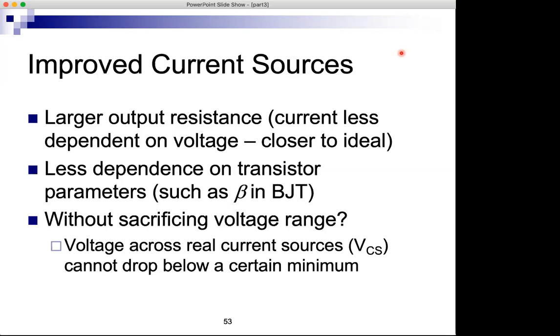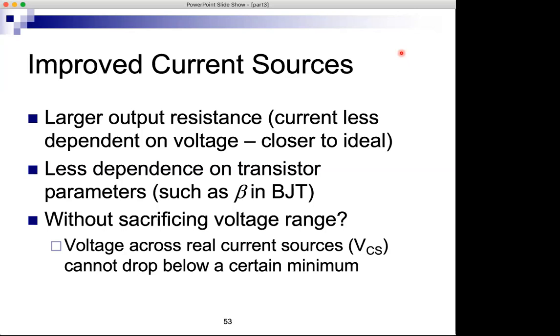In the case of BJT, also we had an equation for the current which depended on beta, and we did not like that. The reason we did not like that is, if the transistors are matched perfectly and I have the exact same BJT on the two sides, I would like the same current to flow in the two branches, but it's not the same.